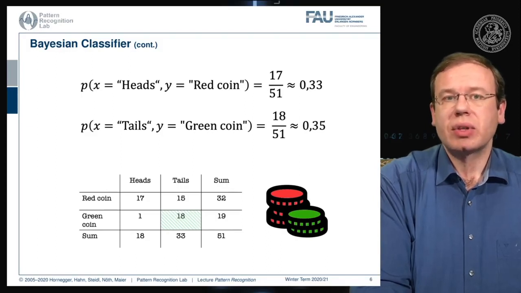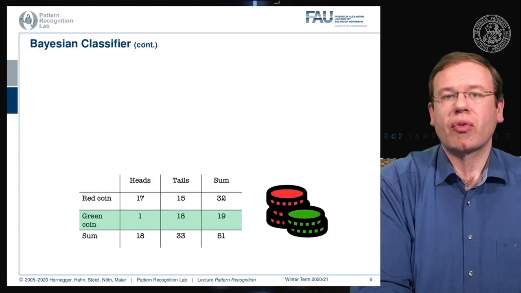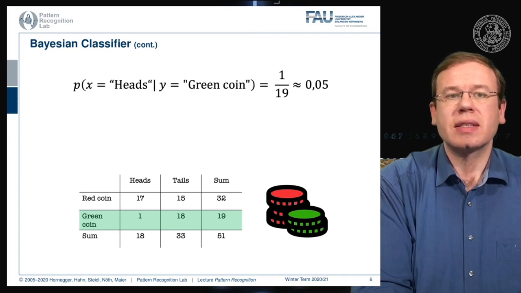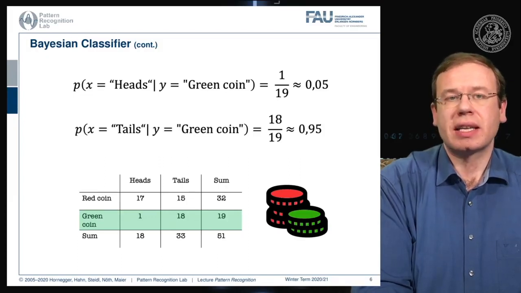Now, what else can we do with this nice table? We can of course analyze our coin, and here you see that our green coin, that's the one that is biased towards tails, and you can compute the probability for heads given the green coin. So if I start tossing this, I will only have a 5% chance of producing heads, and I will have a 95% chance of producing tails.